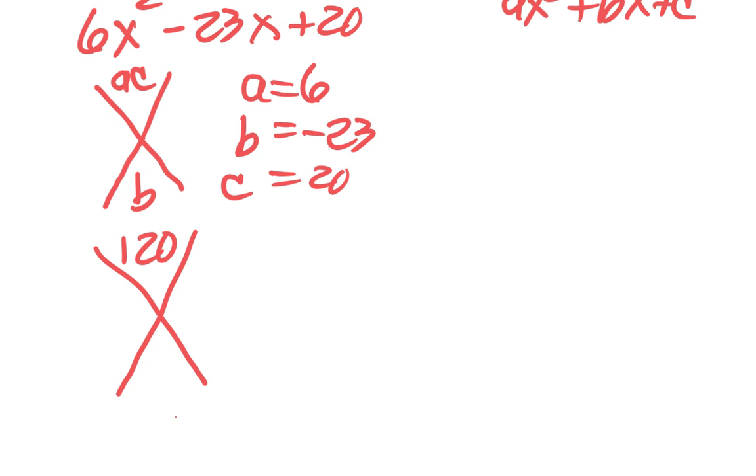Make sure you include that negative. All right, so in this particular case, I know in order to get a positive 120, I need to multiply either two positive numbers or two negative numbers. Only way to add up and get a negative 23 is to have two negative numbers. So here comes the fun part. Find the factors of 120.